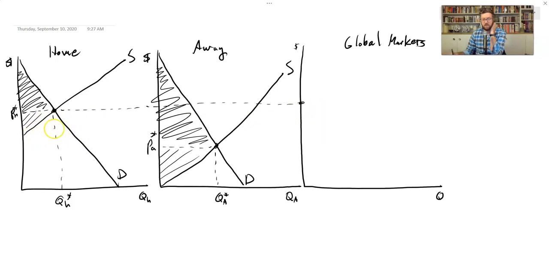We can see that here, all right? If the price falls below here, domestic supply is smaller than domestic demand. And if we get down to here, there's really no domestic supply left at all. They can't supply anything at those prices.